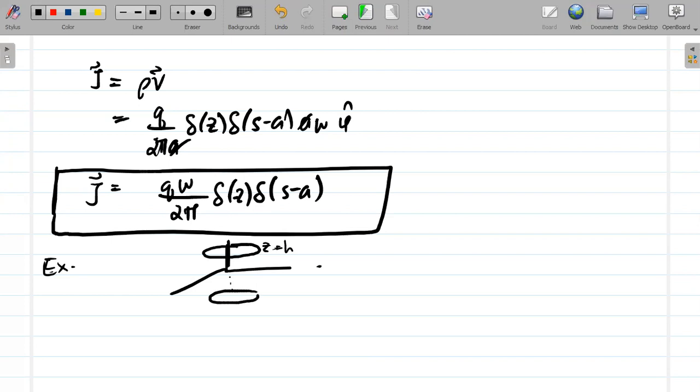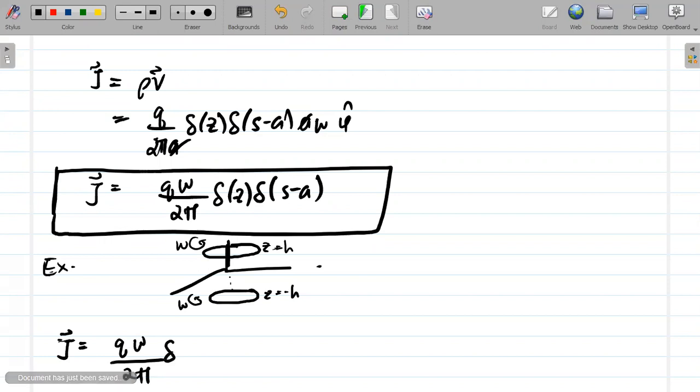Tapos meron kang isang loop ulit at Z equals negative H. So class, by inspection, ano ang current density nyo dyan? Pareho silang at constant angular speed omega. Now that is sum lang. Actually, Q omega over 2 pi. Pero yung Dirac delta mo magbabago.